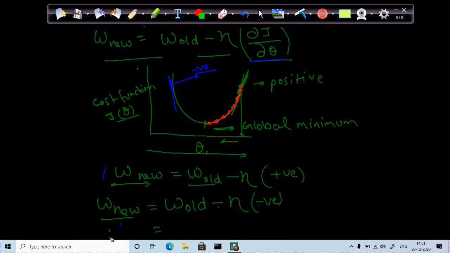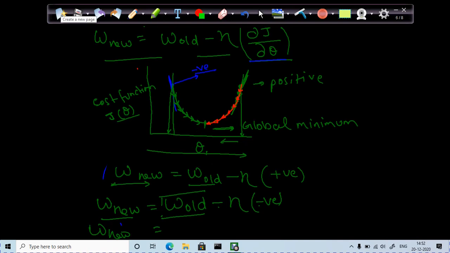So my new weight will be more in comparison to the previously used old weight. So I will have to move in this direction. This is how the weights are optimized in the gradient descent algorithm.